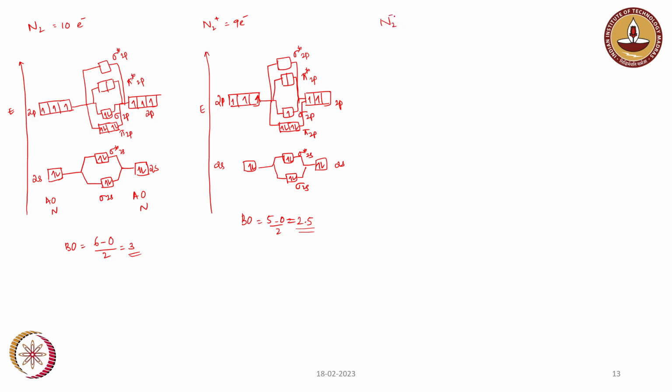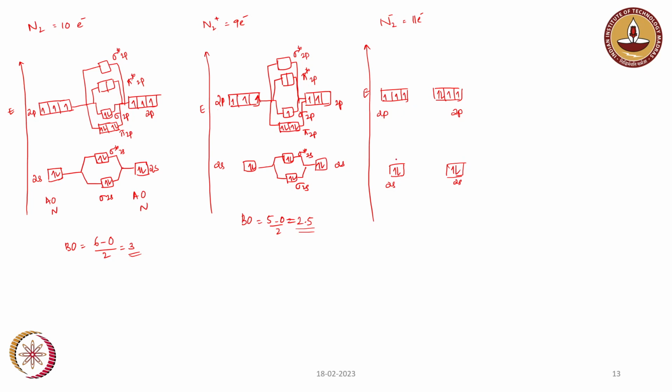And next one is N2 minus. In N2 minus, there will be 11 electrons. So 11 electrons will be added like one will be 2s2 2p3 and other will be 2s2 2p4.